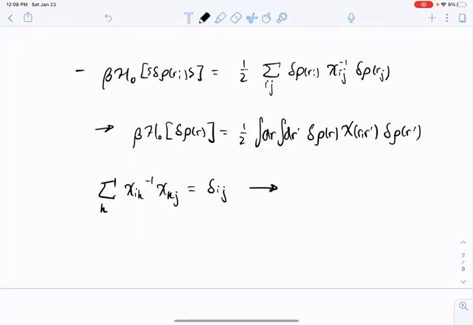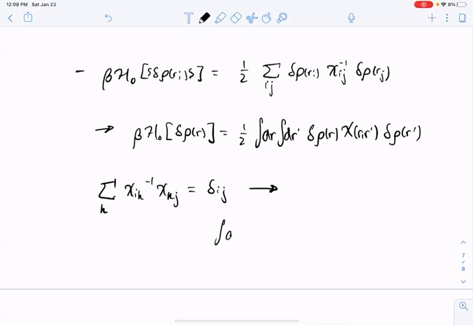The generalization to a functional inverse is, as you might expect, through a Dirac delta function, where I integrate now, instead of sum, over all field points r double prime, chi r double prime inverse times chi r double prime r prime. Its inverse, therefore, is a Dirac delta of r minus r prime.